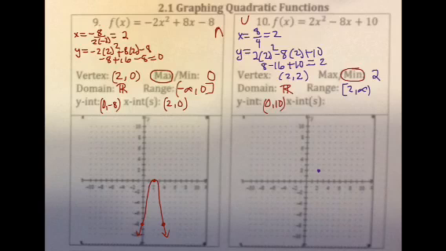So it's never going to touch the x-axis, so this would be none. Okay, (0, 10) would be right here. So then that means that at 4, it's also going to be at 10. So right there. Okay, so just connect your points, and there's a graph.